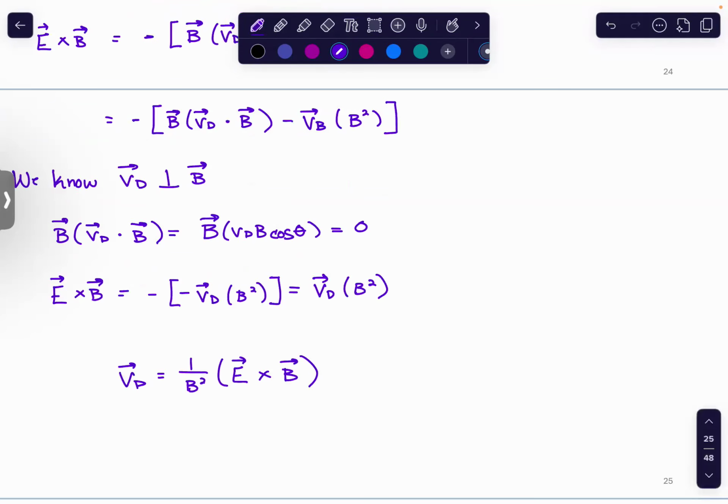They're just a numerical multiple of each other.